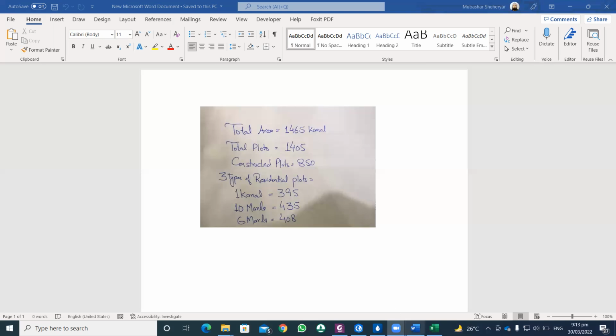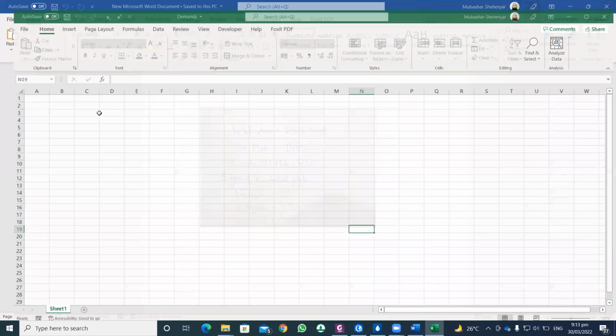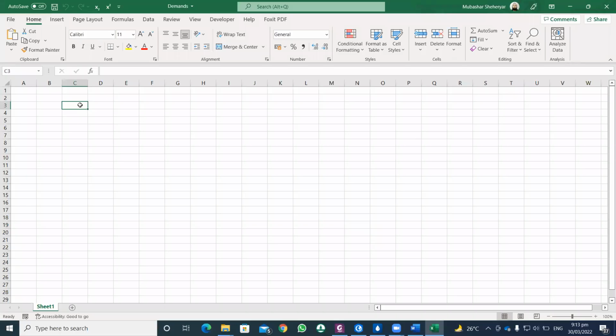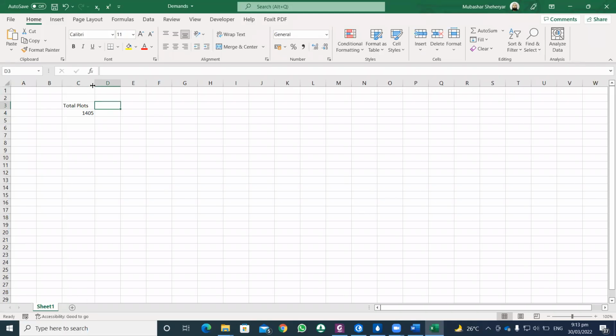So now I will use the Excel sheet. The total number of plots are 1405, and per plot I am assuming the average population is about 7 people per house.